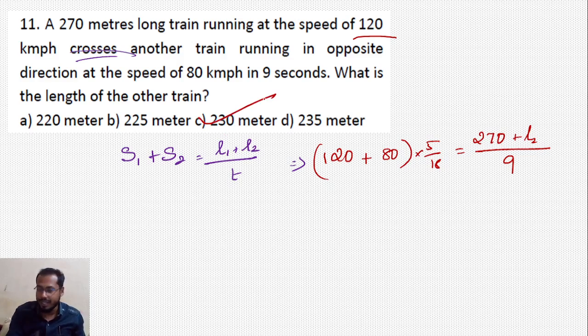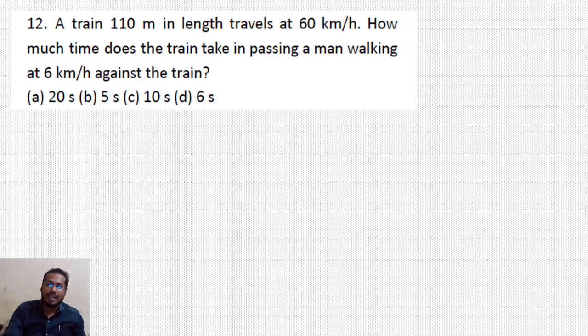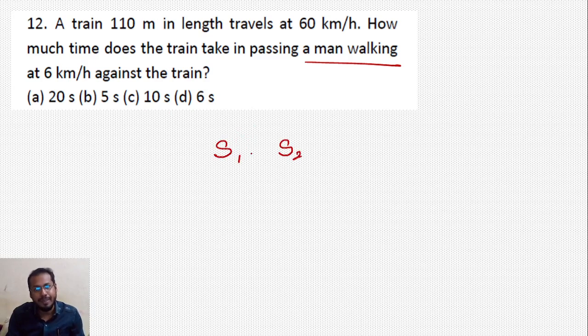I want you guys to get it. Okay. Right. And next question. A train 110 meters long travels 60 km per hour. How much time does it take to pass a man walking? So the man was walking. Walking means the man had a speed, right? So the train had a speed and that man also had speed. Both are walking, 6 km per hour against the train.